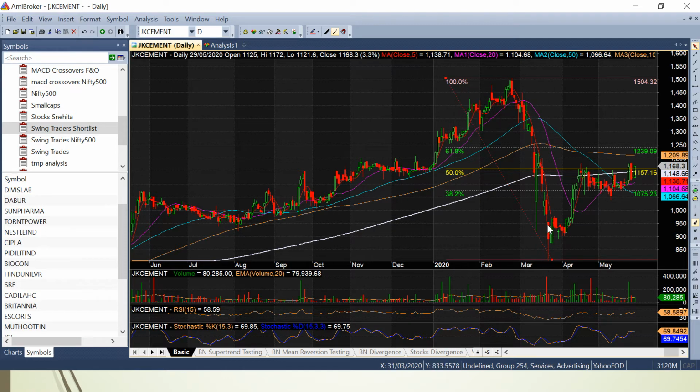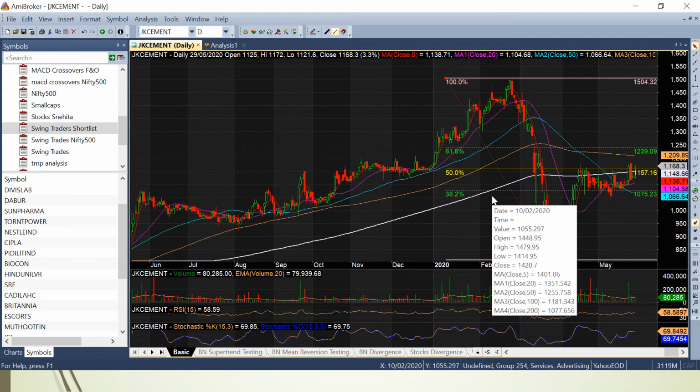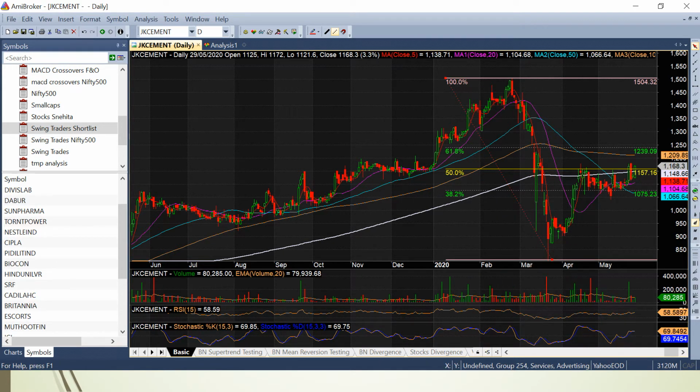So lower extreme, higher extreme I have defined for the tool, and based on the range of the lowest and highest point, it defined certain levels: 38.2% level, 50% level, 61.8% level. These are significant Fibonacci levels which we would track, and these become our significant price points where we would expect price resistance or support, right?